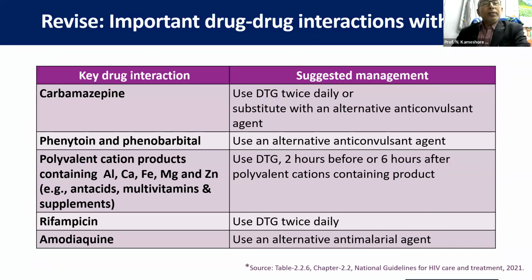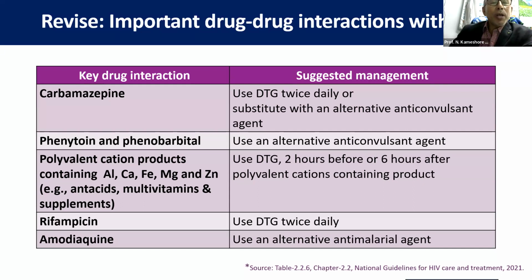So let us revise again important drug-drug interactions while giving dolutegravir. If the child is taking carbamazepine, then we have to use a twice daily dose of DTG. Otherwise, we have to look for a substitute anticonvulsant agent.